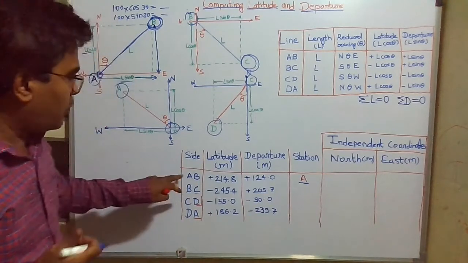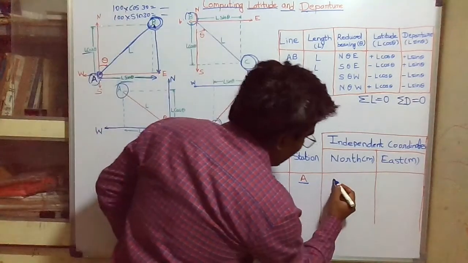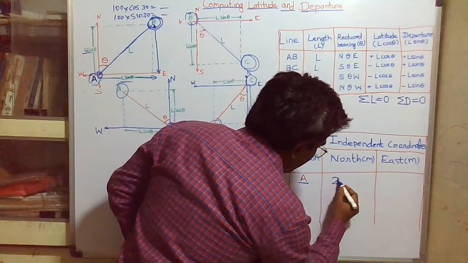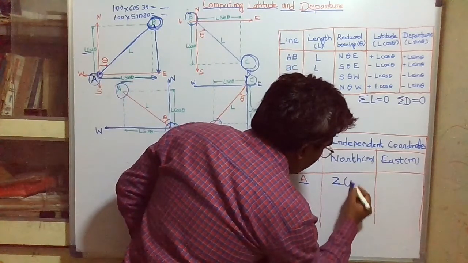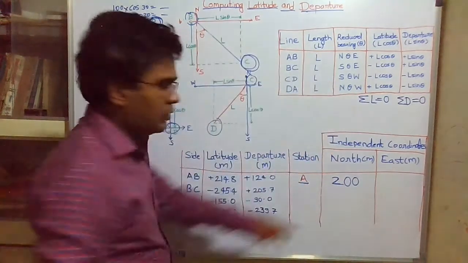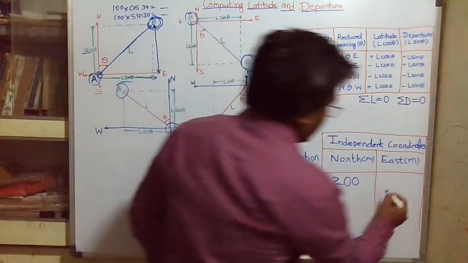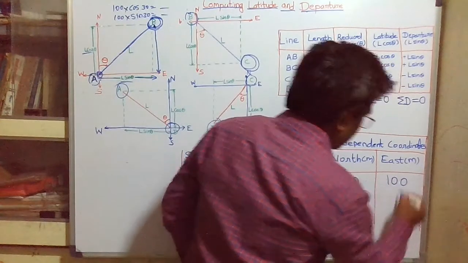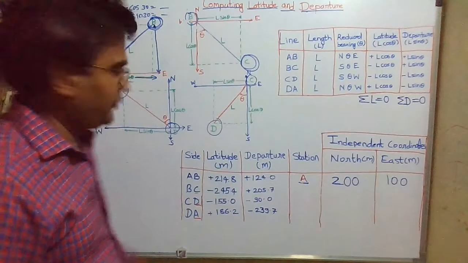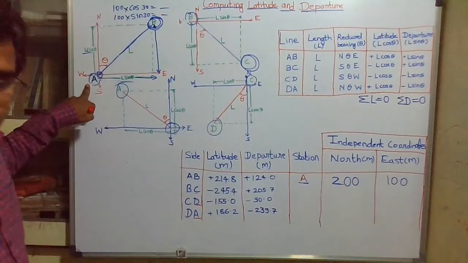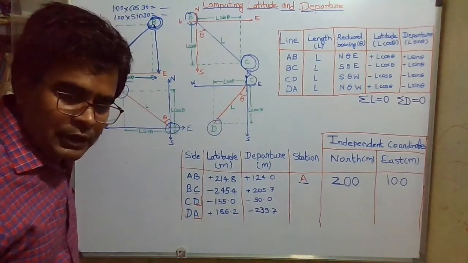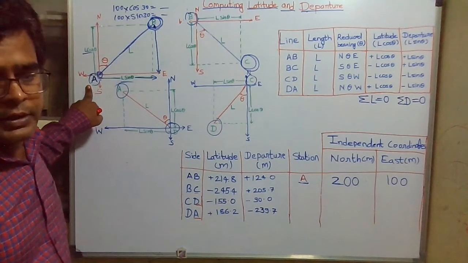Suppose for point A, I assume the north coordinate as 200 and the east coordinate as 100. This is the initial point. You can assume 250, 150, or someone can assume 300, 200.